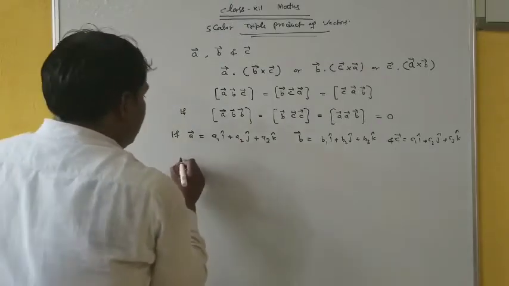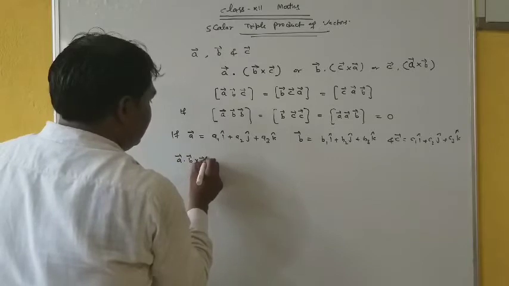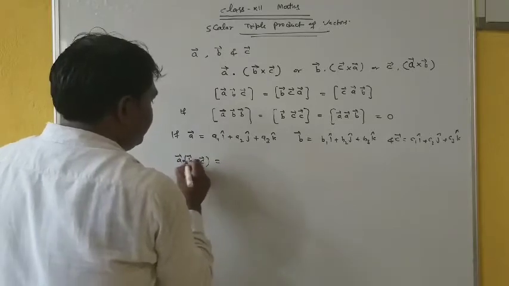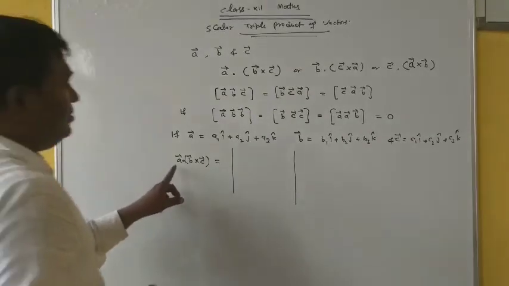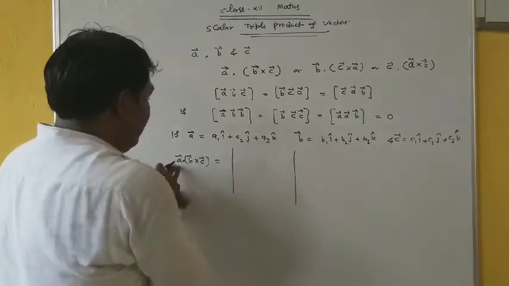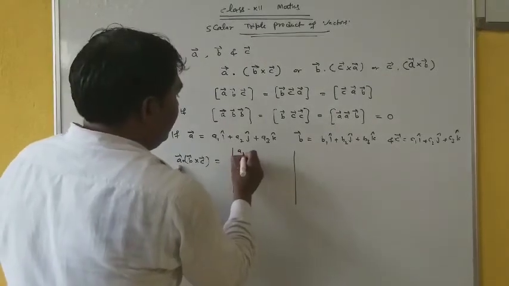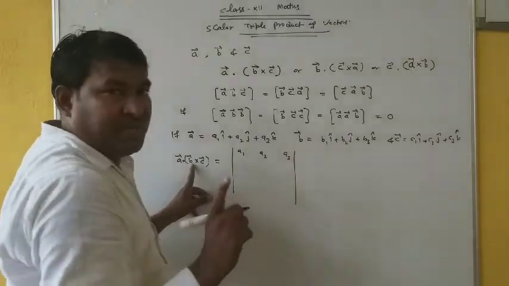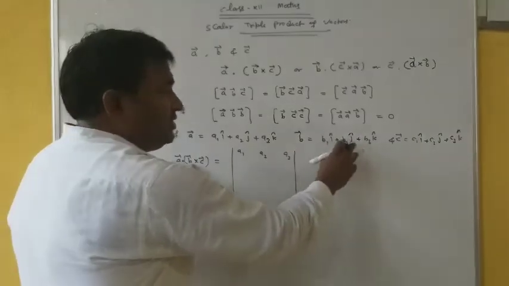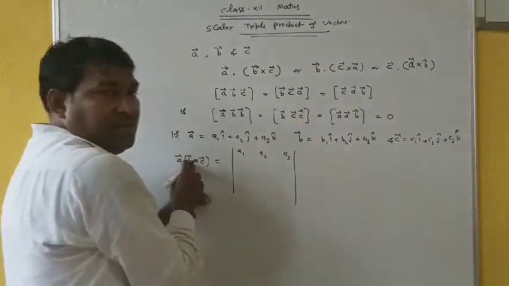Just see. Then vector A dot vector B cross vector C will be given by the determinant method. The coefficients of i, j, k for the first vector you have to write in the first row. Here A1, A2, A3. The coefficients of i, j, k of the second vector in the second row, since it is at second place.